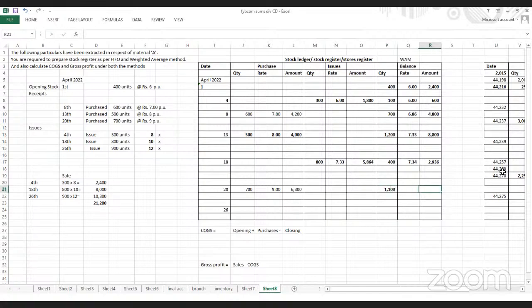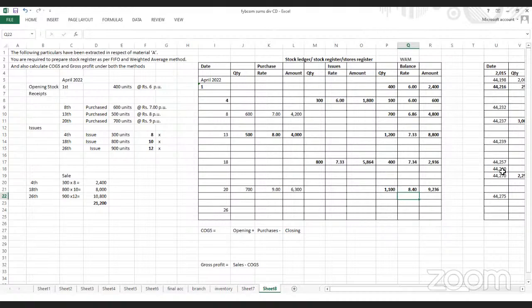Same way, add amount, 296 plus 6,300. Now divide this amount by units. You'll get the rate 8.40. Clear? Now last day issue is there.